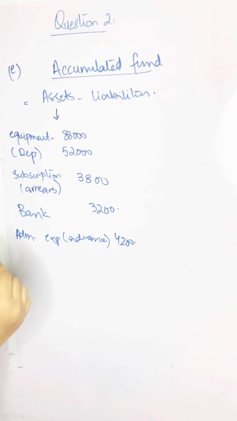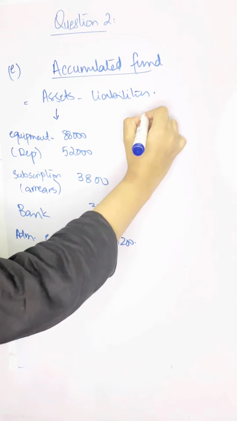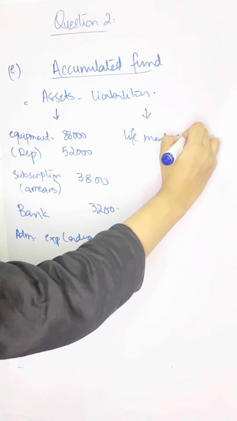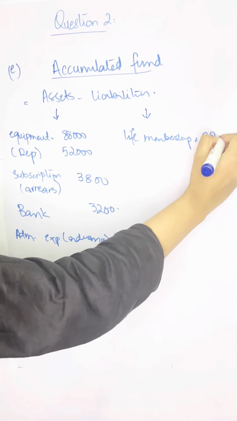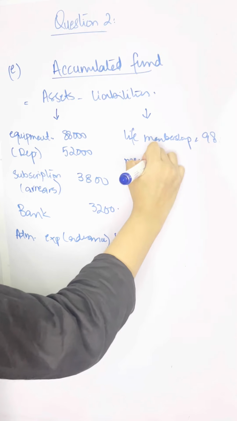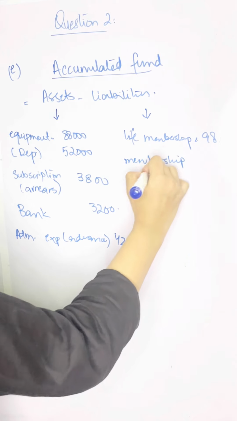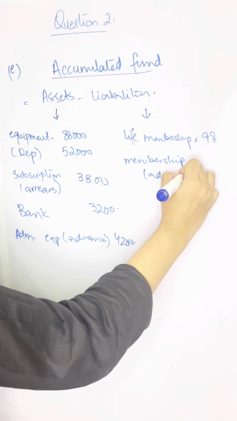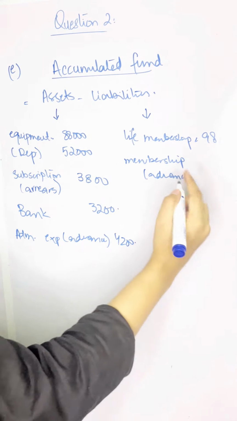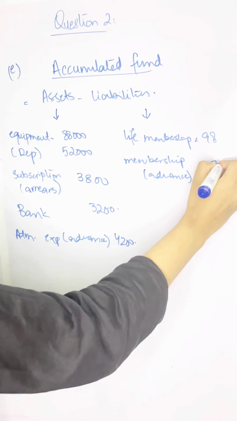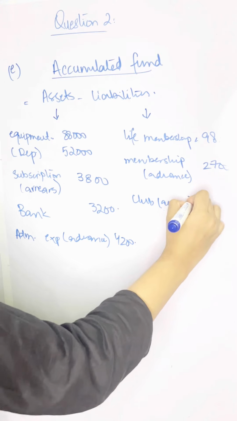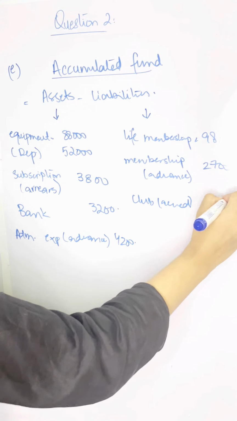Now at the liability section, we have the life membership fee, which is 9,800. We calculated that in part A. We have the member subscription, which was paid in advance, so we record the prepaid income under current liabilities, which is 2,700, and we have the expenses which were accrued, that is 2,660.